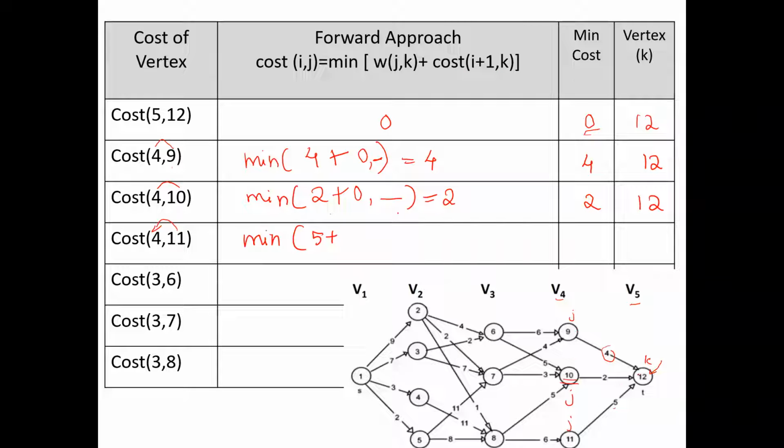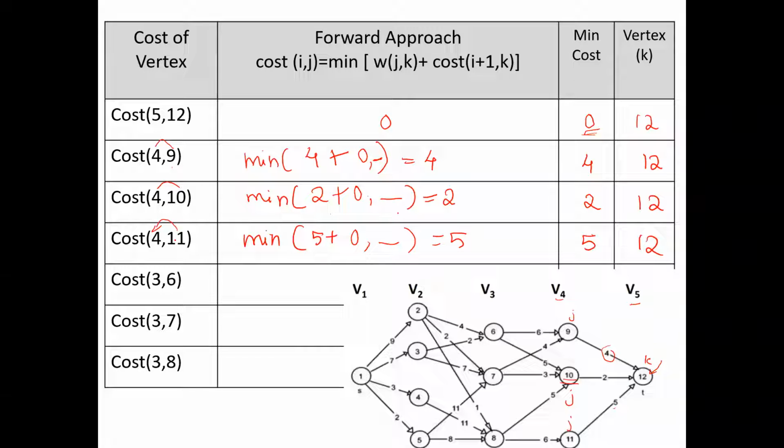Here for all these three, the Kth vertex in I plus 1 stage is nothing but our 12 itself. What is the cost? We have already calculated and kept that, that is 0. That's why, in all cases, to reach the 12th vertex, which is in the 5th stage, right? 5 plus 0, comma. We don't have any other edge to compare and take the minimum. So here it is 5. So the minimum cost is 5 to reach 12 from the vertex 11.